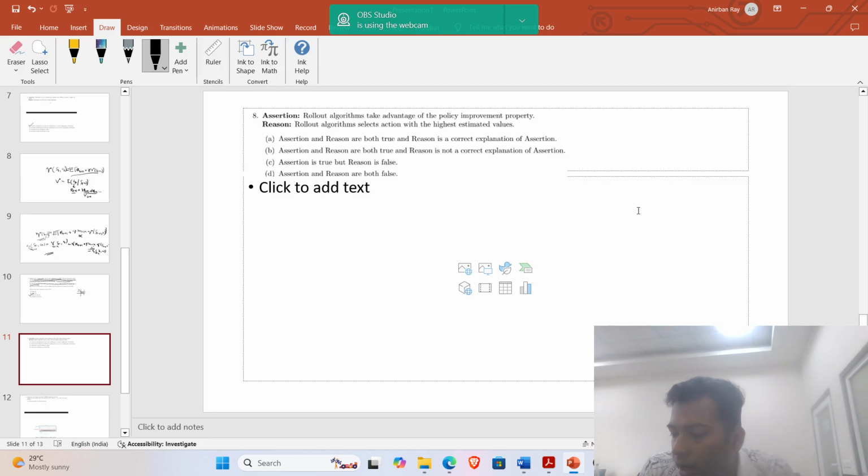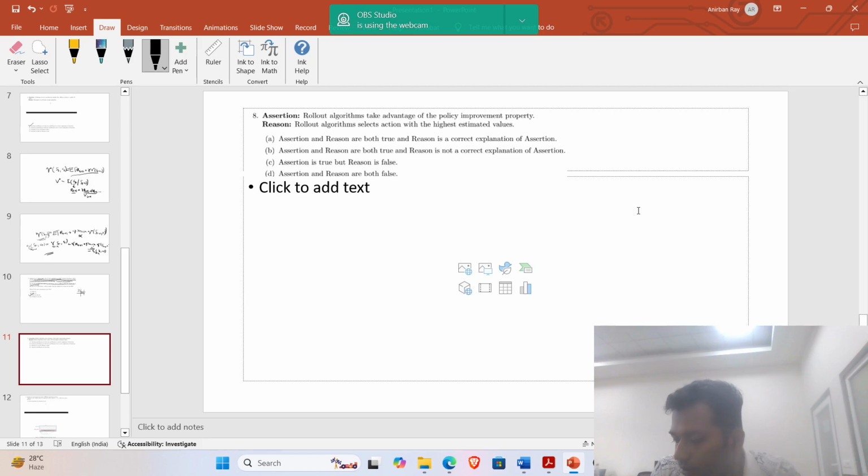Okay, and so if the variability is more, you have to explore more. And so the rollout algorithm has to change accordingly. Okay, so what you're doing is that you're doing the policy improvements property, and so highest estimated values it is taking.